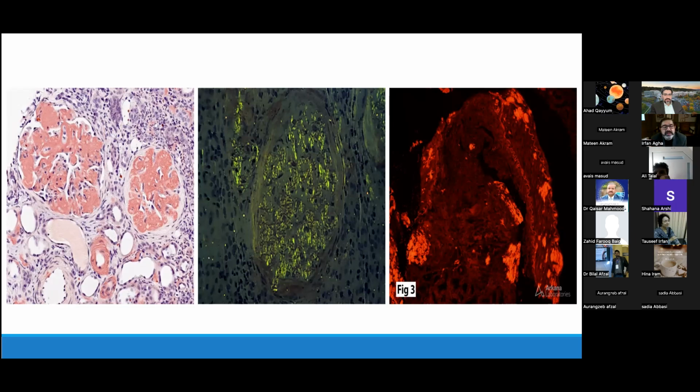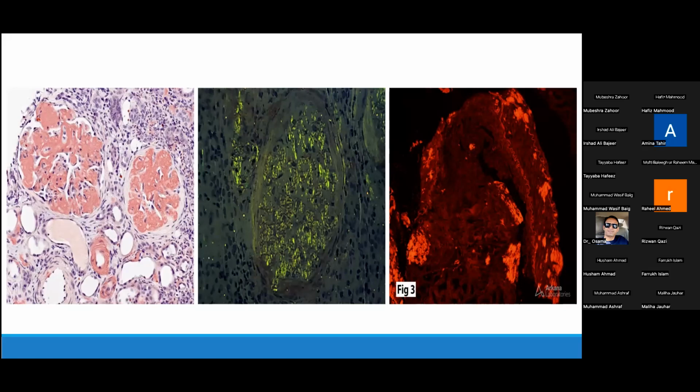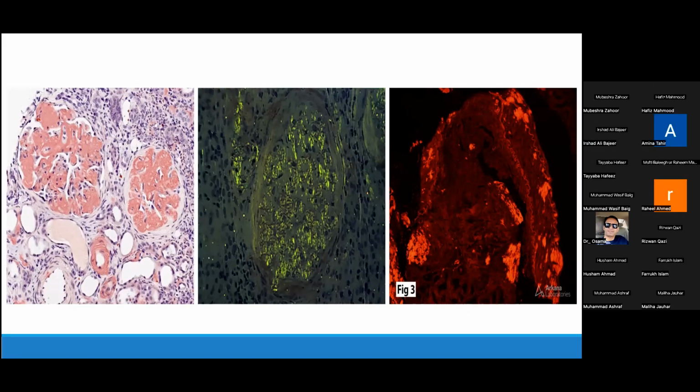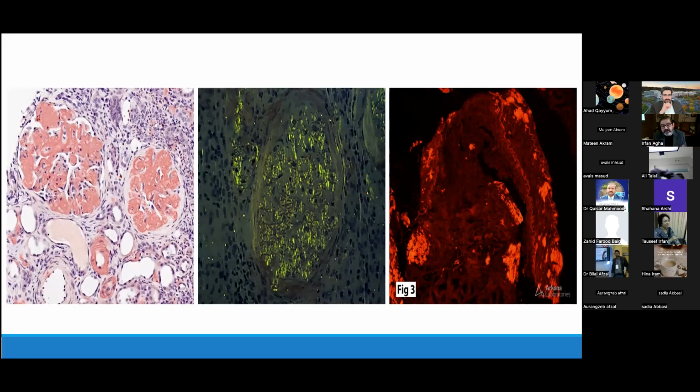Volumes have been written in the pathology literature, whether we should call it apple green or not, but this is what it looks like. And this was described in 1927, so almost 100 years ago. And if you look at it under ultraviolet light on a fluorescent microscope, these materials, when stained with Congo red, actually look like a brilliant red.